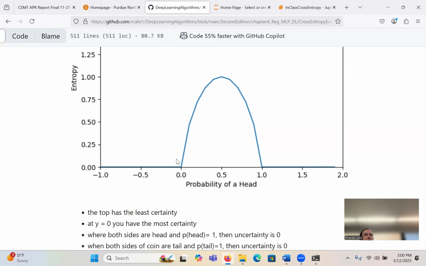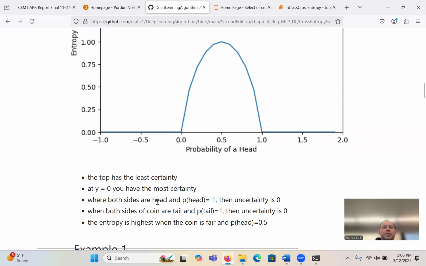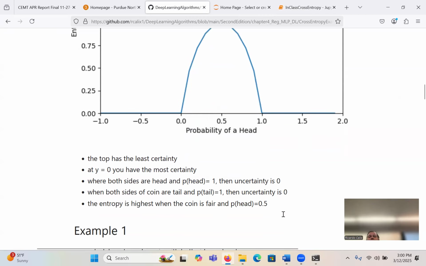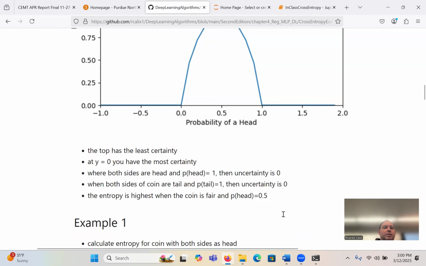You know exactly what's going to happen, right? Where both sides are head and p head equals 1, then uncertainty is 0. When both sides of the coin are tail and p tail is 1, then uncertainty is 0. We know that. The entropy is highest when the coin is fair and the probability of head is 0.5. That's the highest it can be, and the most uncertainty we have about something.